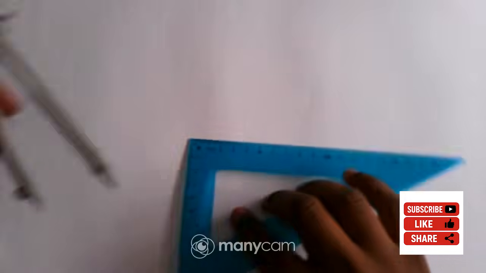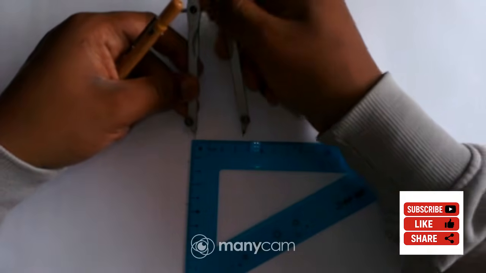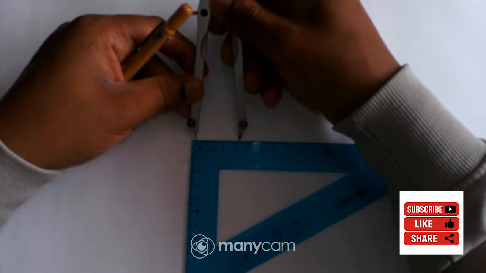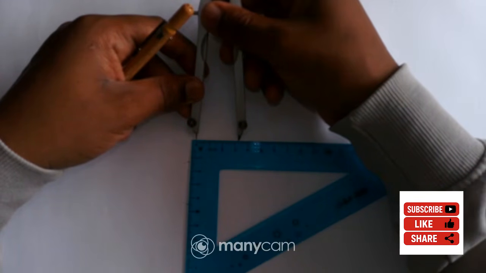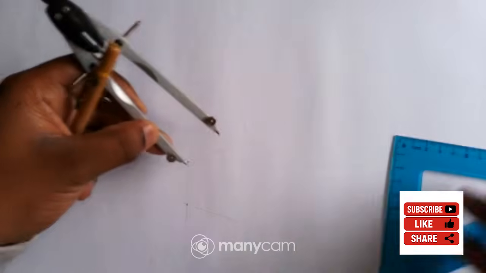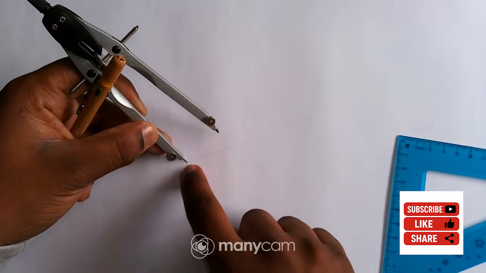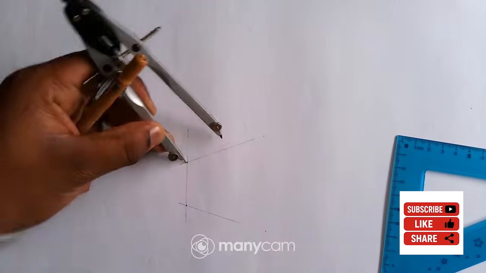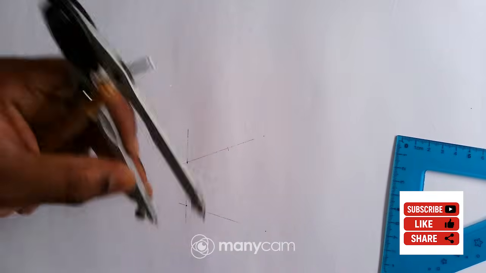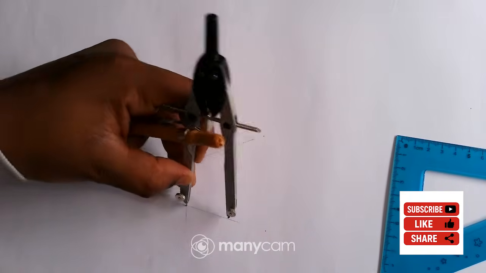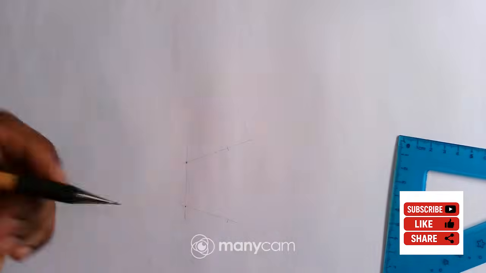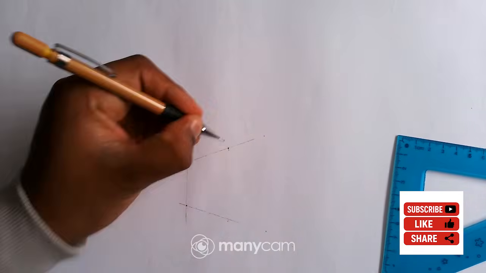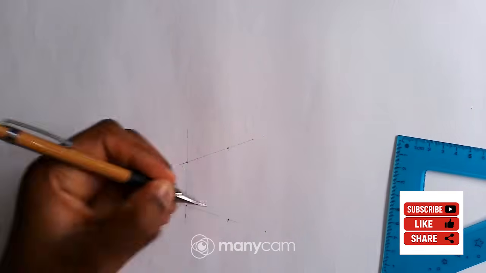Okay, so remember the size of the pentagon is 32, so I'll just measure 32 on my compass, like that, and then put my compass on that point and mark there on this line. Do the same thing here, mark there. So obviously that means I have a point there, I have a point right there.